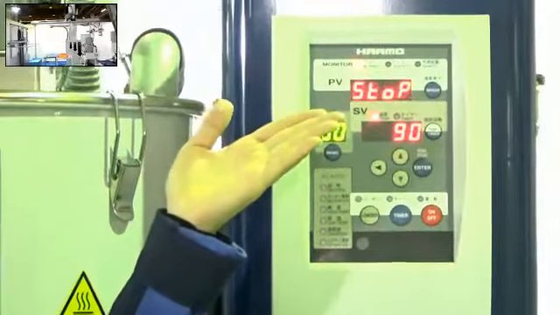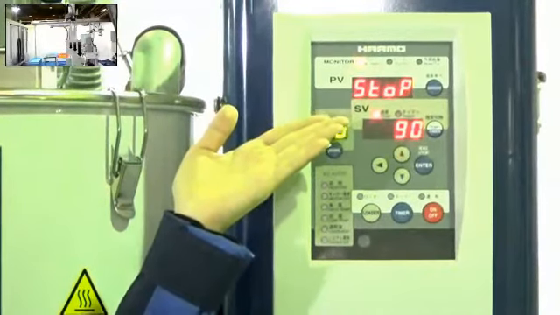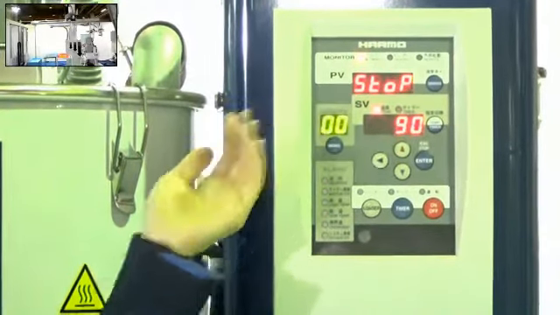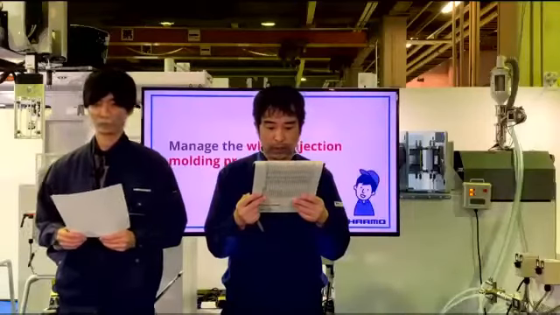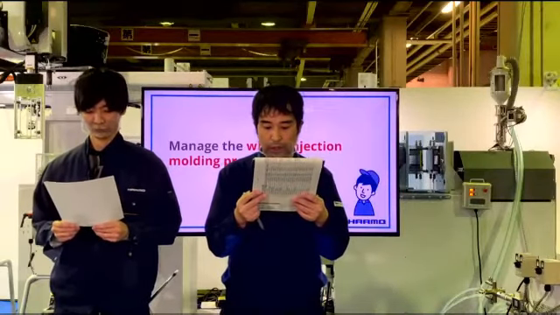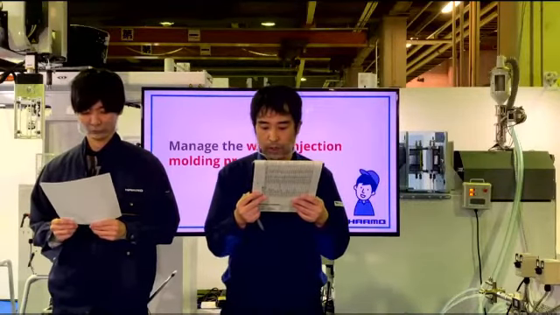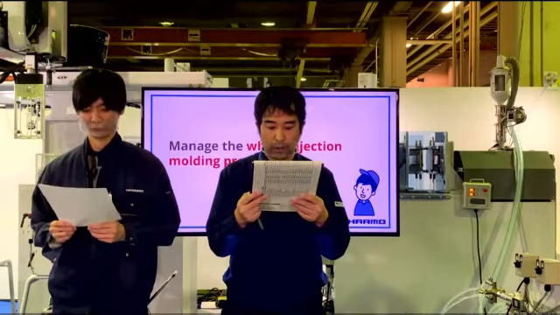Let's see the situation. As you can see, the dryer and mold temperature controller are stopped. By using this function, you can reduce time and energy to stop each peripheral equipment and the cost for electric bill.